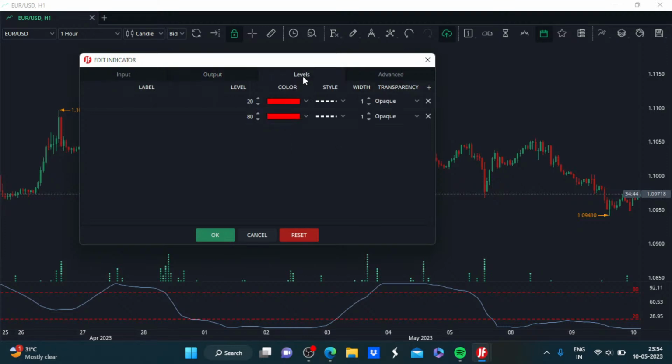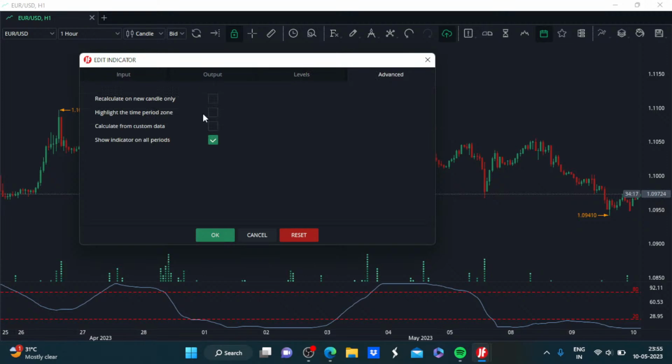We have these two levels in place. Maybe you can think about adding another level of 50, or any level which you feel is going to be helpful can also be added. Even these levels of 80 and 20 can be modified, removed, or suitably modified as per your requirement to help you in figuring out the trading opportunities.